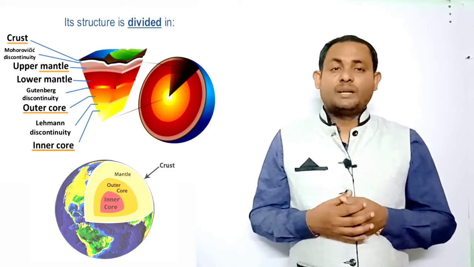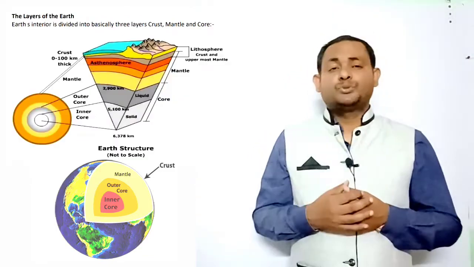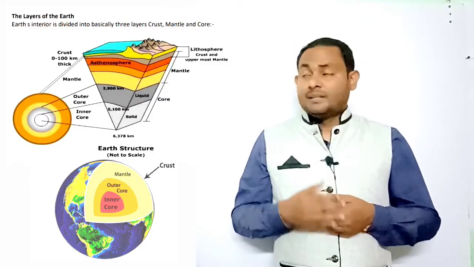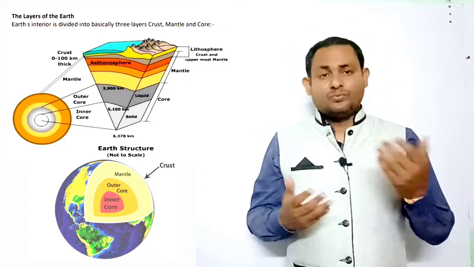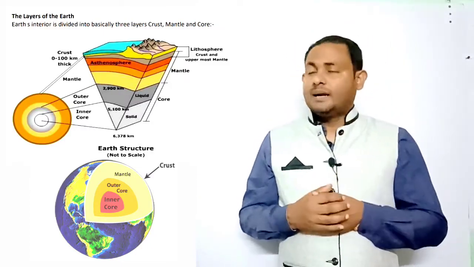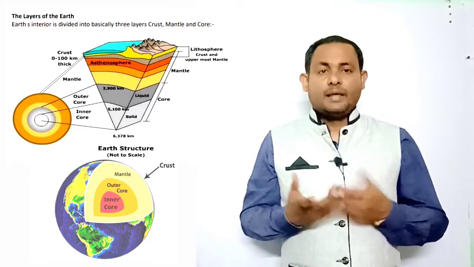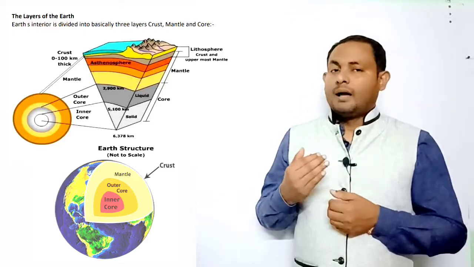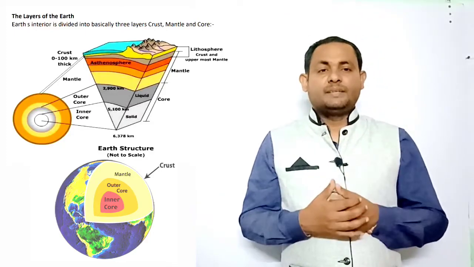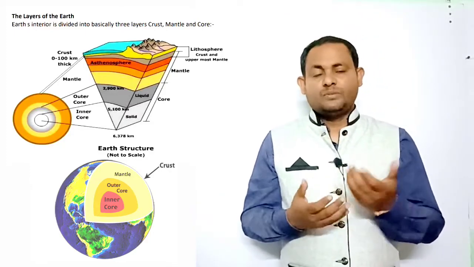The upper portion of the mantle is called the asthenosphere and extends up to 400 km. The word astheno means weak, and it is the main source of the magma that finds its way to the surface during volcanic eruptions.